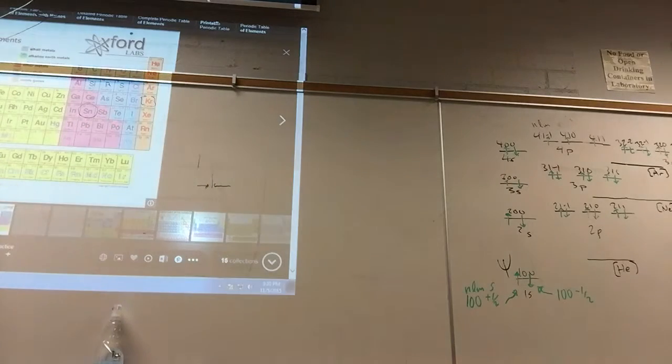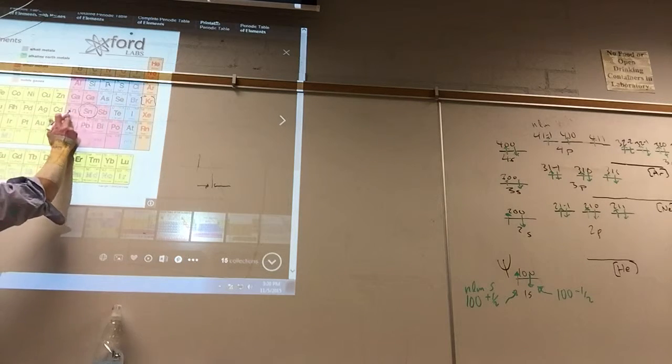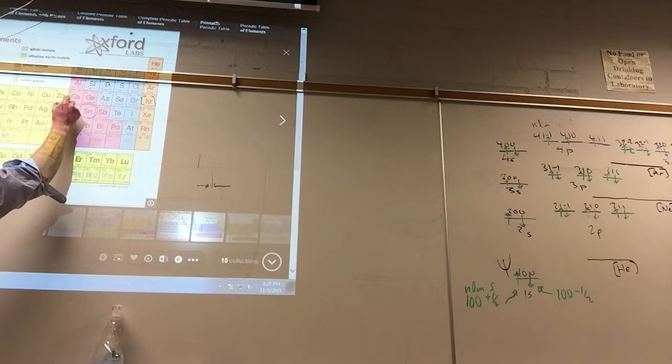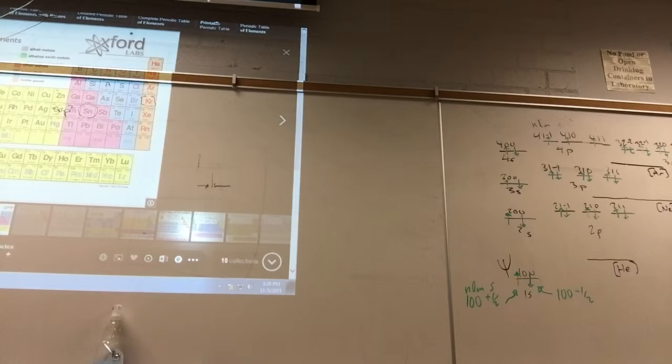And then we go here. This would be 1, 2, 3, 4, 5th shell. So this is 5s2. And then this would be 4d10. And then 5p2. So how many valence electrons does tin have? The highest n level. So 5s2, that's 2, 5p2, that's 2, that's 4. So tin has 4 valence electrons.